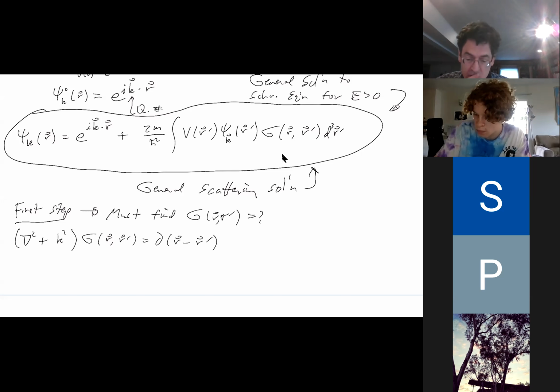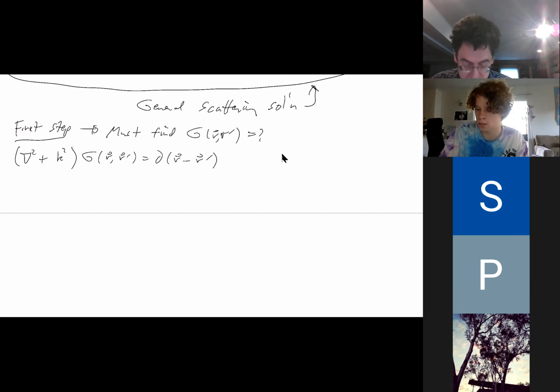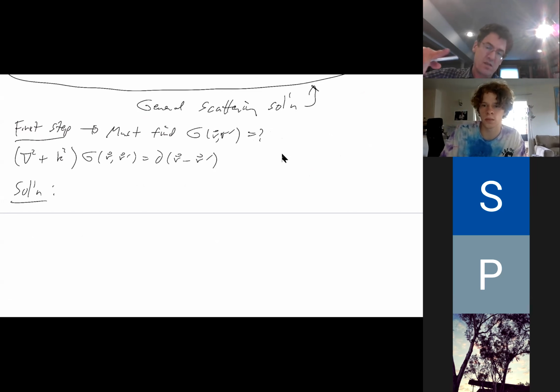There's a famous solution for it, and I'll just write the solution, because solving that is not totally easy. It's not too hard, but it requires complex analysis, the residue theorem and a complex contour integral.